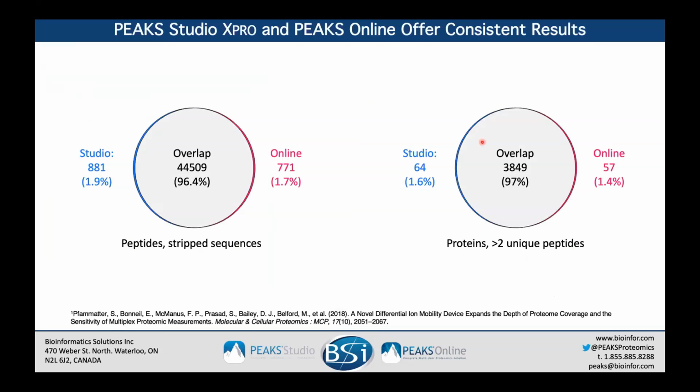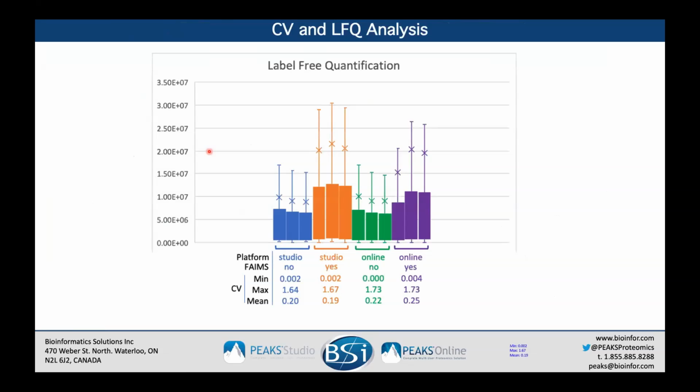We see very similar results as we do for non-FAIMS data, with around 97% overlap both at the peptide and protein level of sequences. Important to FAIMS are CV values and label-free quantification.